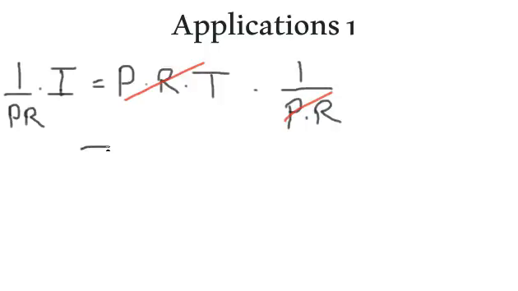And so we're left with I over P times R is equal to T.